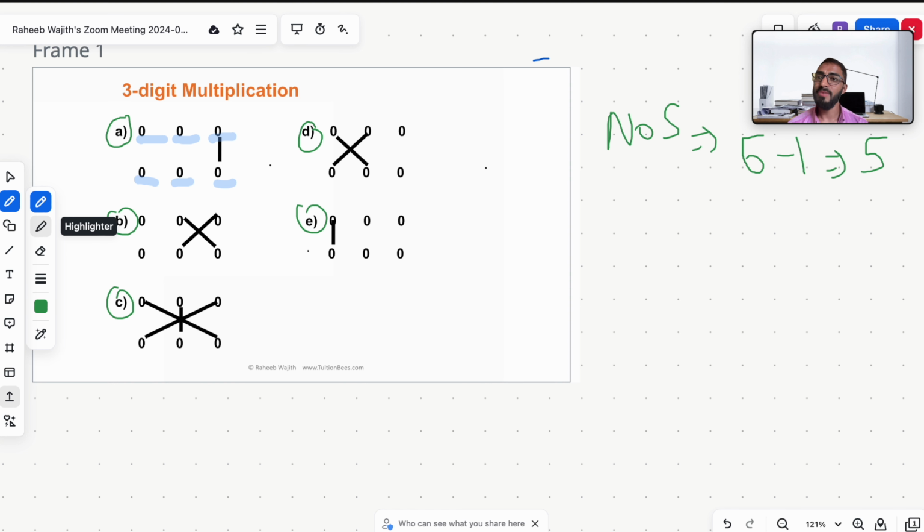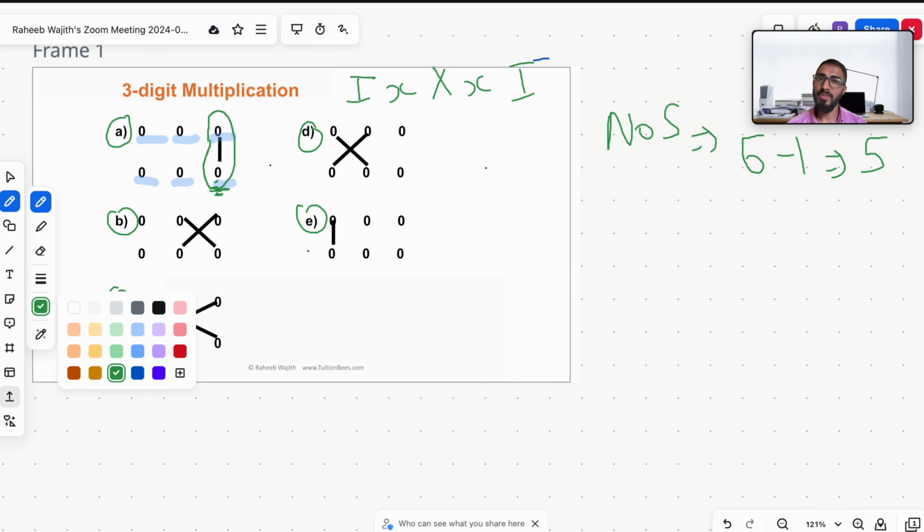In these 5 steps, the first step is similar to what we did in 2 into 2 digit multiplication. We take these two numbers and multiply them vertically. Now this step is over.